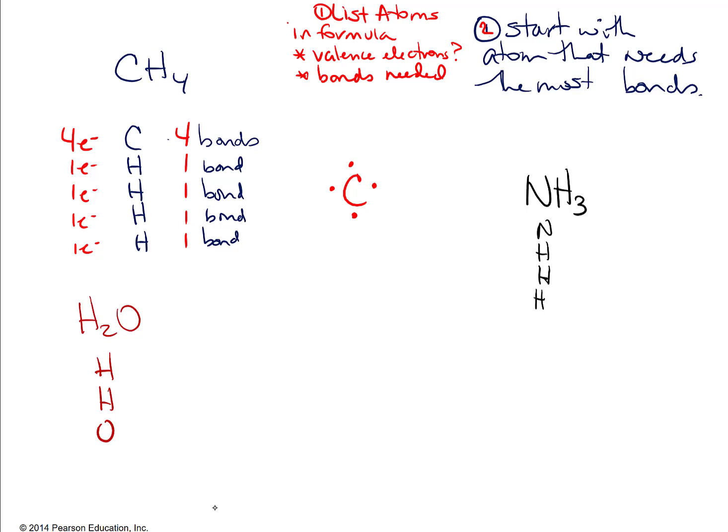So I put 1 above, 1 to the left, 1 right, 1 below. So I need to form 4 bonds, but you can see you've got 4 hydrogens. So it makes sense that you're just going to put 1 above, 1 below, 1 to the left, 1 to the right. Hydrogen here, pairing, hydrogen here, hydrogen here, hydrogen here.